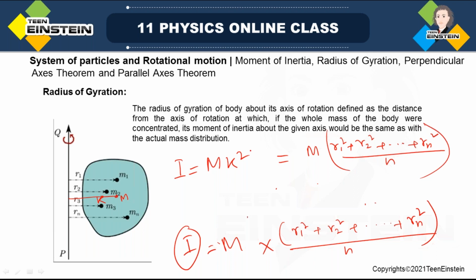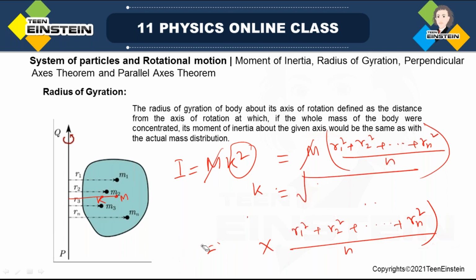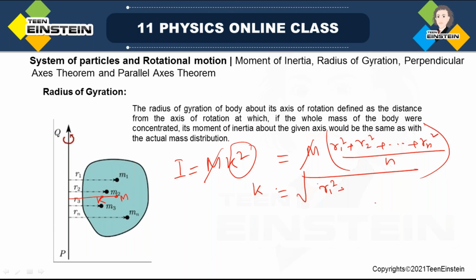Now if I want to calculate this radial distance, m goes off from both sides, and this can be written as r1 square plus r2 square plus up to rn square, divided by n.